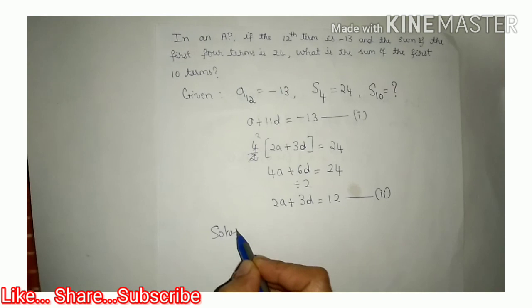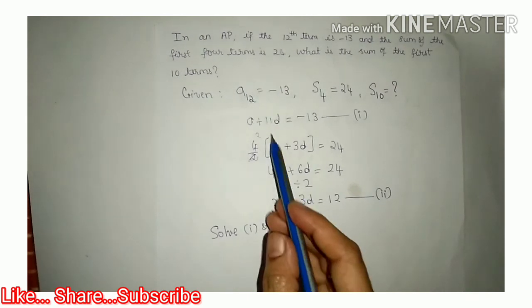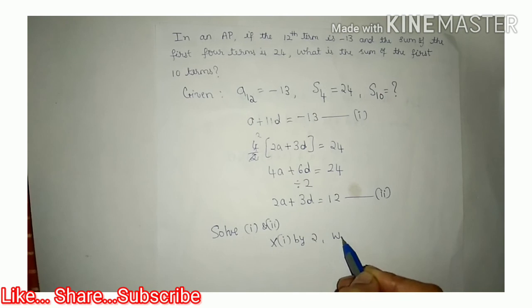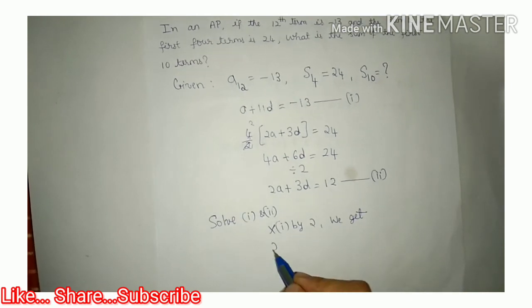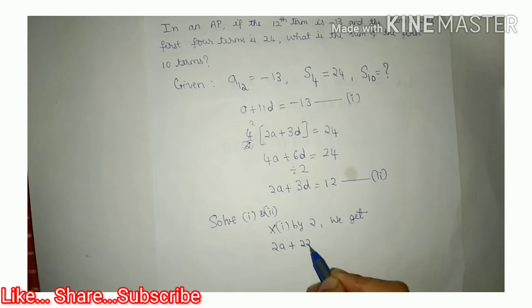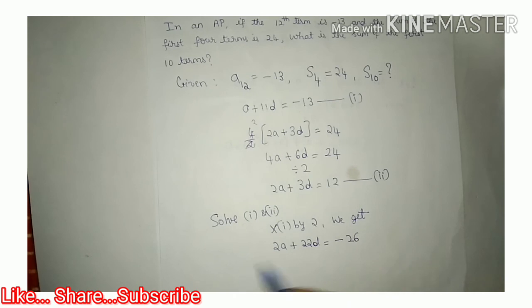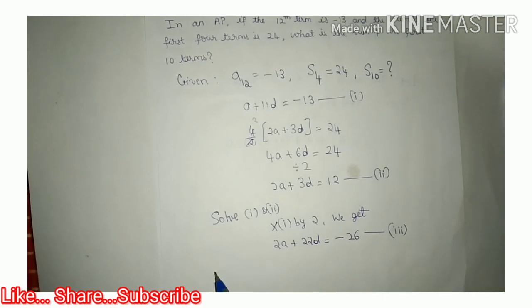Solve 1 and 2. Multiply equation 1 by 2. We get 2a plus 22d is equal to minus 26. Equation 3. Let us solve equation 2 and 3.